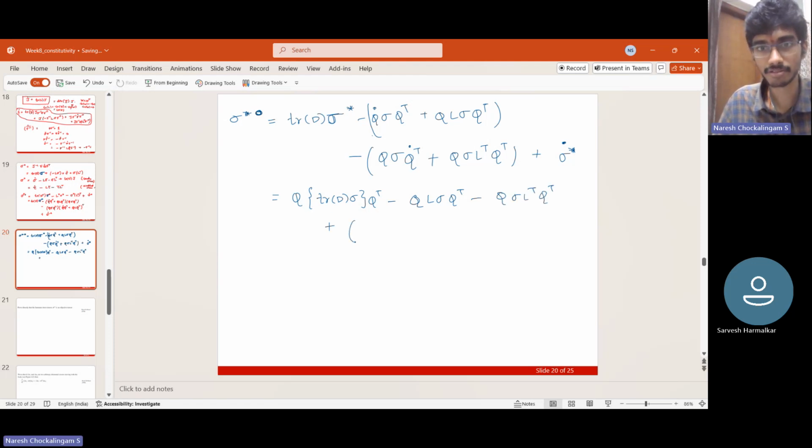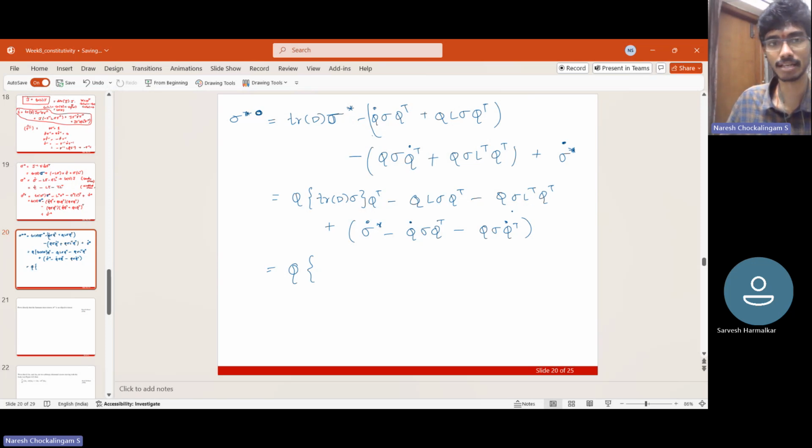Plus collect the other terms: sigma dot star minus Q dot sigma Q transpose minus Q sigma Q dot transpose. From the first set of terms, you can take Q commonly out, and what you get is trace of D sigma minus L sigma minus sigma L transpose, and that is nothing but the Truesdell stress rate, right?